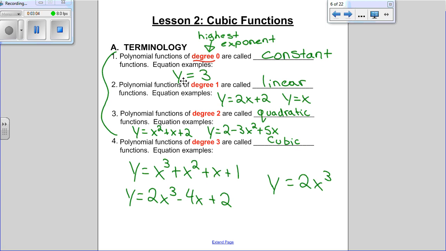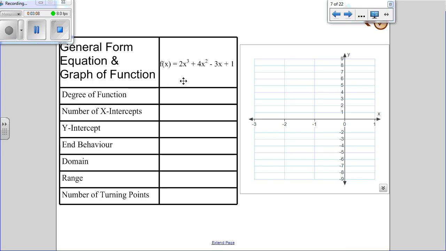That's what makes this different. So, we're going to graph one. And we're going to see if we can do all the things we did yesterday, but now with cubics. So, we're going to graph this in our calculators, 2x cubed. If you don't remember where your exponent button is to do cubed, use the little arrow, so it's above the division symbol.